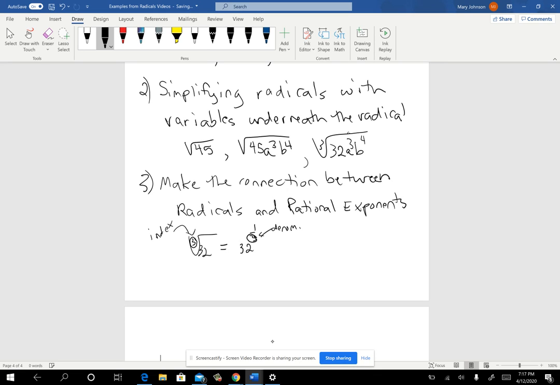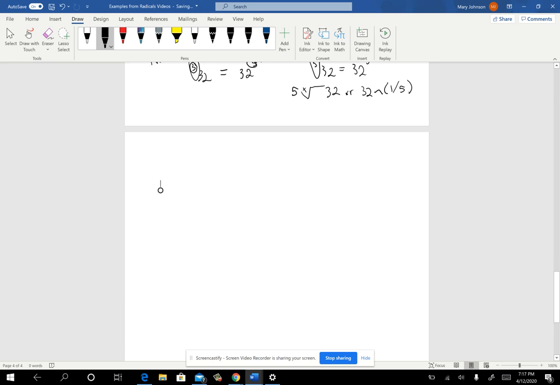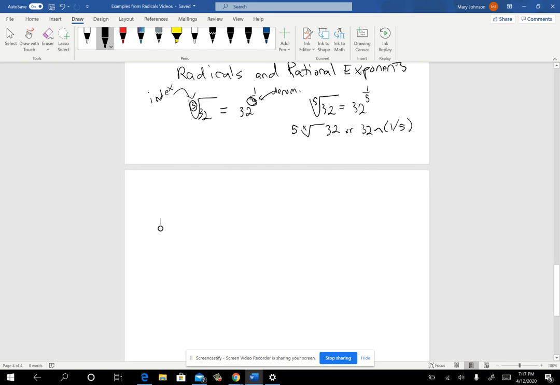Okay. And so like when you're trying to evaluate the fifth root of 32, it means the same as 32 to the 1/5 power. So there is a button on the calculator that'll do the fifth root. You type in the 5, you hit a button that kind of looks like this, then you type in the 32. Or you could type in the 32 raised to the 1/5 power. Okay? So we'll talk just briefly about that, how to make the connection between radicals and rational exponents.